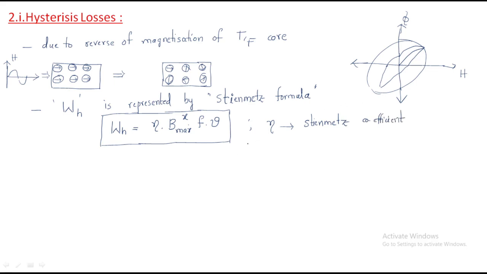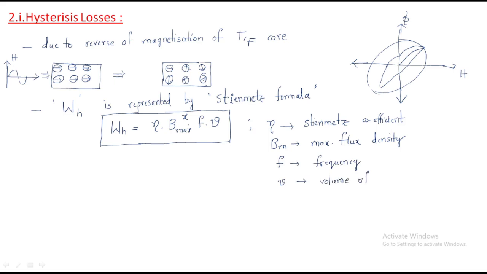Bmax is maximum flux density, the name itself represents it. Small f is the frequency, and V is the volume of the core.